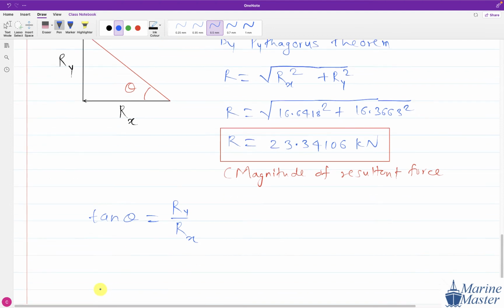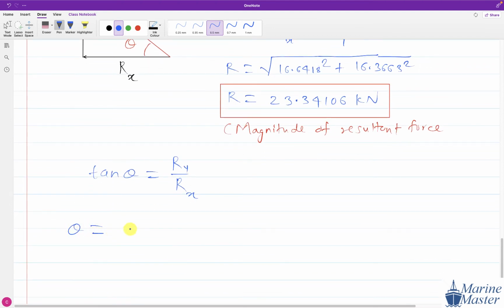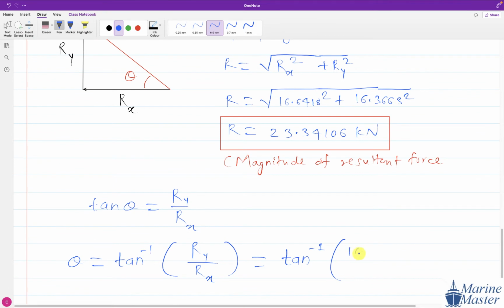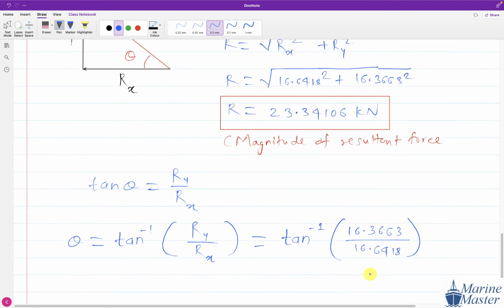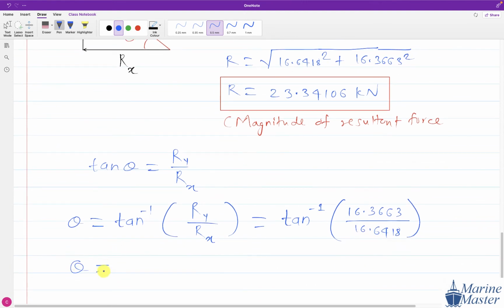So theta will become tan inverse of Ry by Rx, so tan inverse of 16.3663 by 16.6418. Please do the calculation and tell me the value of theta.